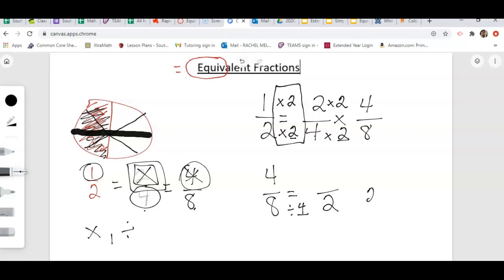Because thinking about fact families, if 2 times 4 is 8, then 8 divided by 4 has to be 2. And same thing, what I do to the bottom, I do to the top. So 4 divided by 4 is 1. So 4/8 and 1/2 are equal.